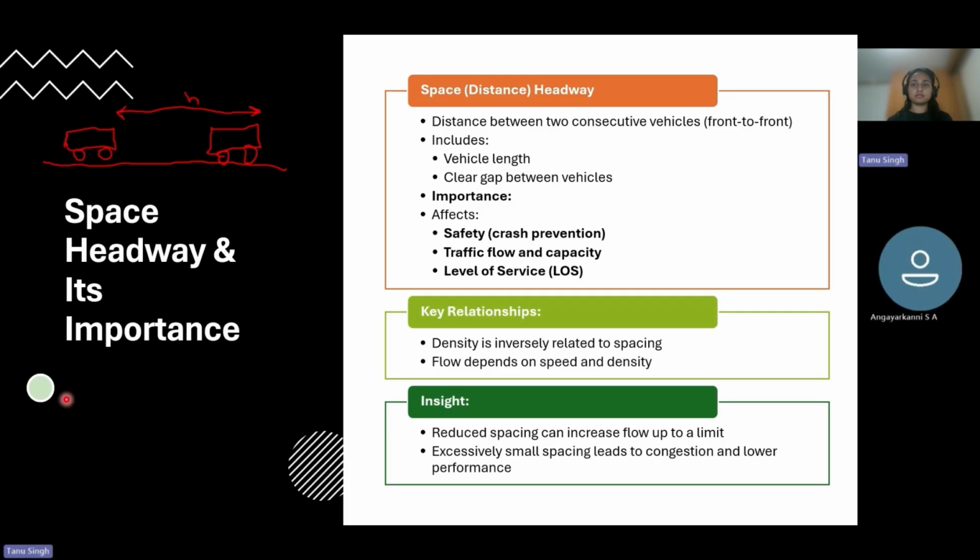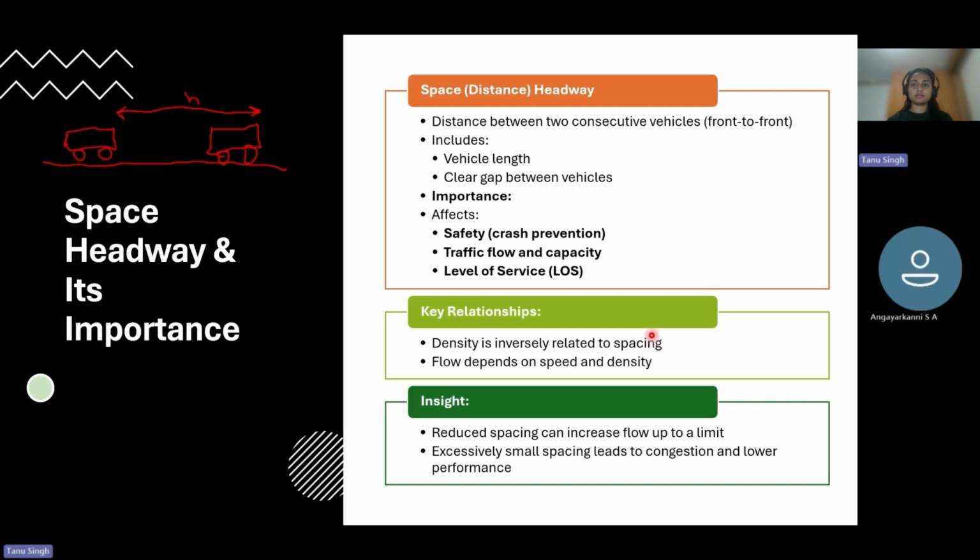Because it directly identifies three key aspects. Firstly is safety, second is traffic flow and capacity, and third is level of service. If spacing is large, the driver has more freedom and the traffic condition is comfortable.